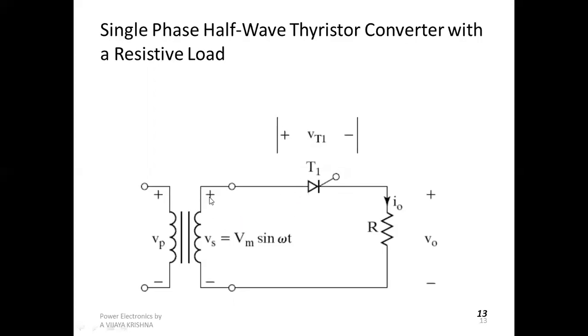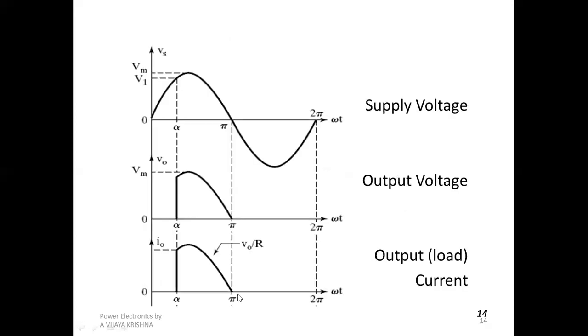Whenever we interchange the positive and negative half cycle supply, the thyristor becomes reverse biased. Under this condition, there is no voltage, that is a zero value. Pi to 2 pi is zero. We only get the output voltage from alpha to pi.